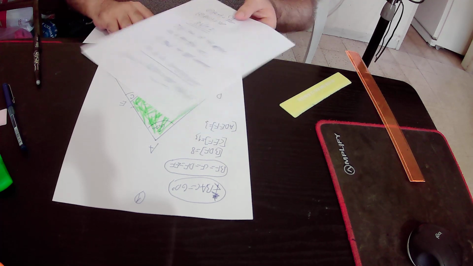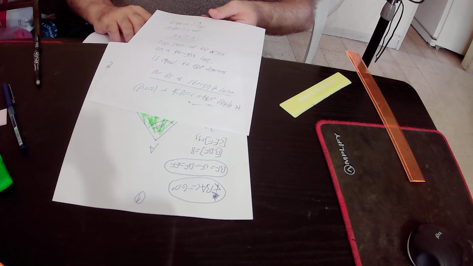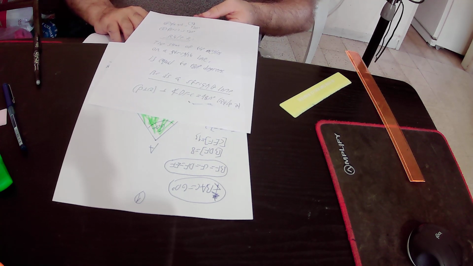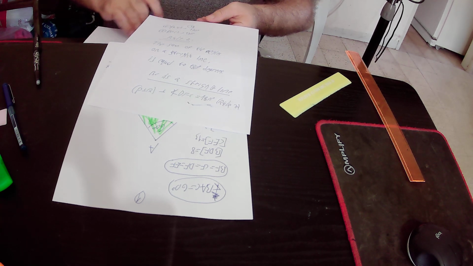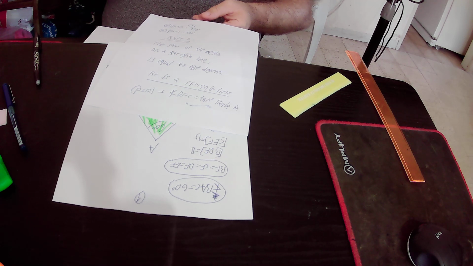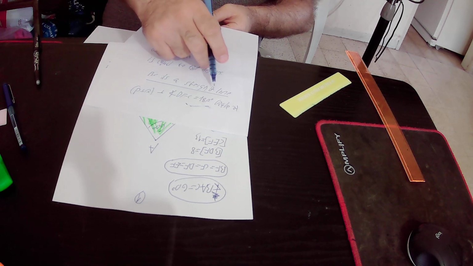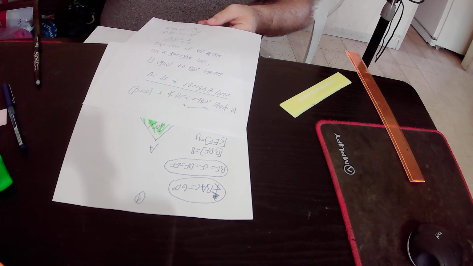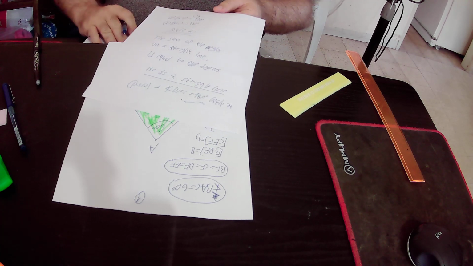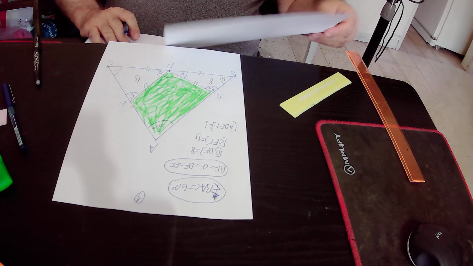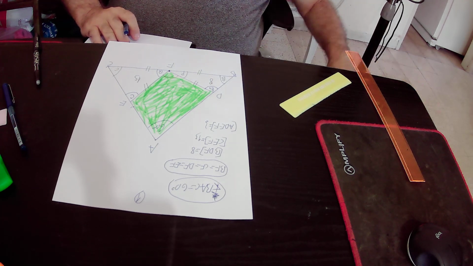Again, P plus Q plus angle DFC must be equal to 180 degrees according to rule number 2, that states that the sum of the angles on a straight line equals 180 degrees.